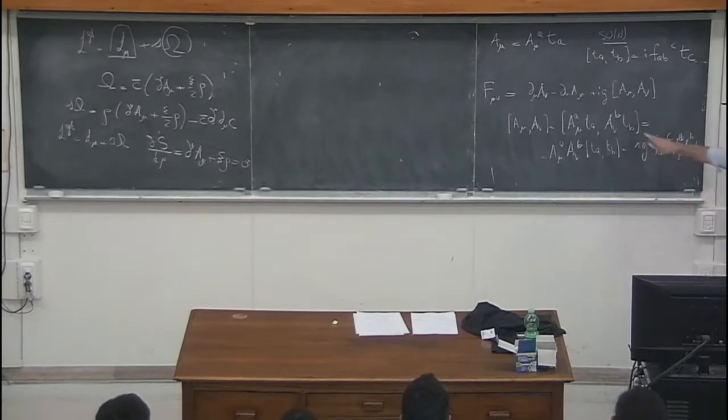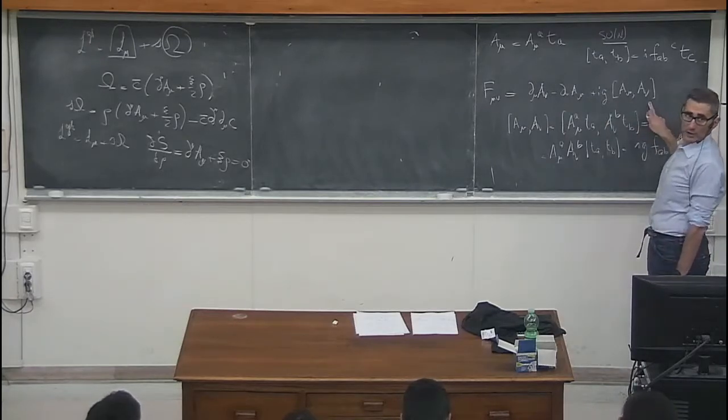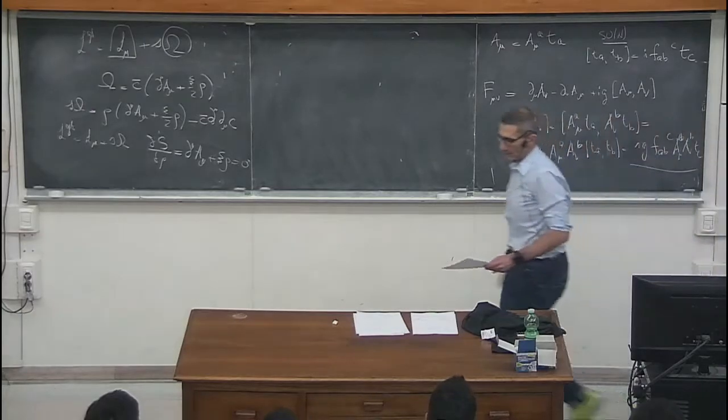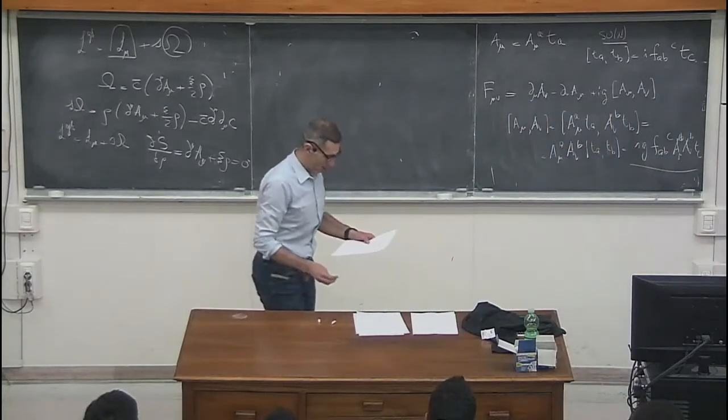So the non-linear term in the field strength has one power of the structure constant and i over g, which is just the coupling constant. You saw this already in the lectures of last week by Gordon Semenoff.